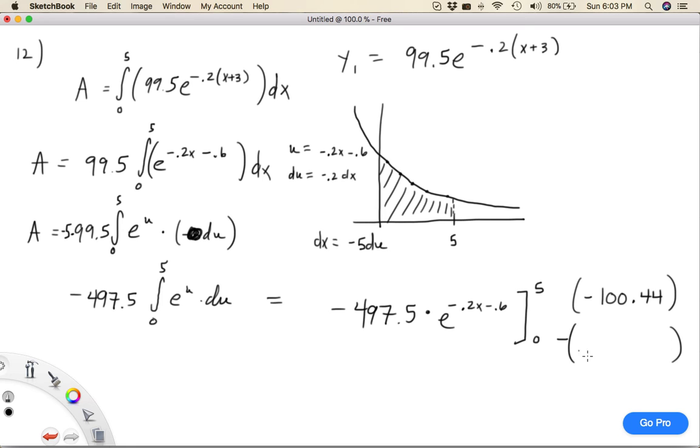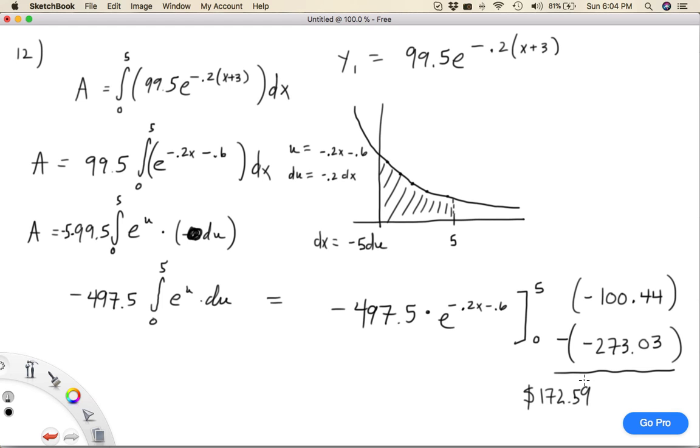For this one, you get negative 273.03. Now when you subtract the two, you should get a positive 172.59.